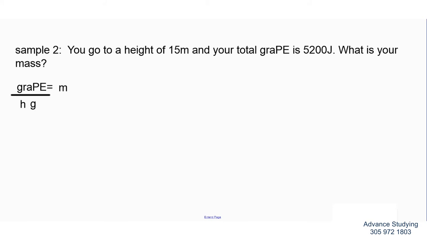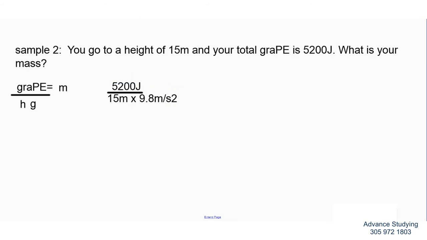So I have the energy due to gravity, which is 5200 joules, and I will divide that by my height, 15 meters, times gravity, which is 9.8 meters per second squared.